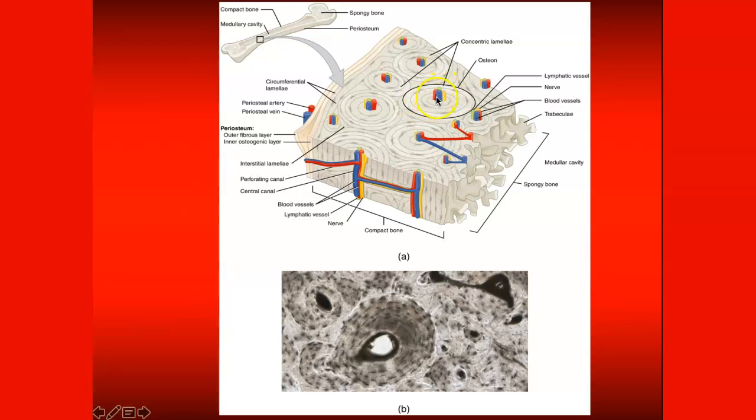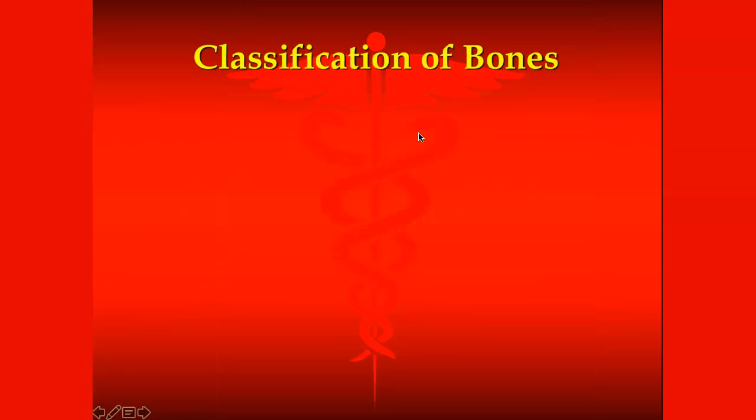And these canaliculi allow our osteocytes to get nutrients and then to get rid of waste products. So the canaliculi are really important in allowing us to remove waste as well as receive nutrients to our osteocytes.